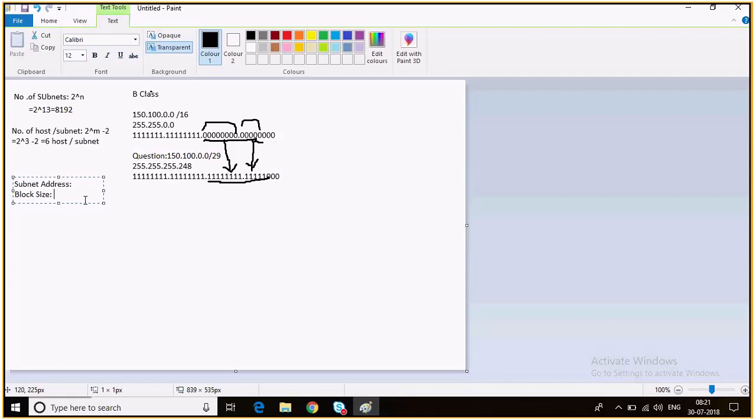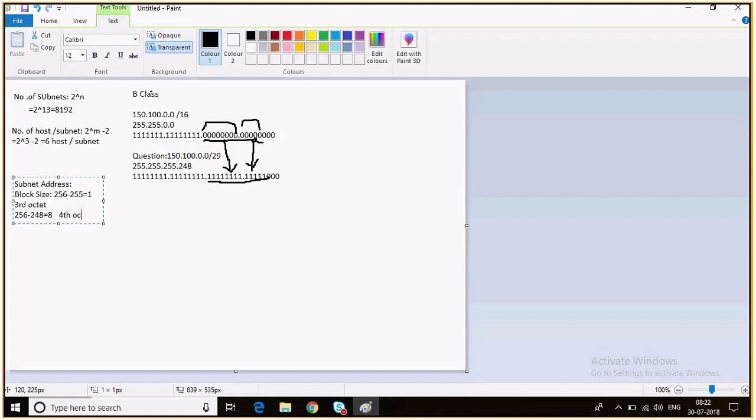I'll write 256 minus 255, which is the block size for the third octet, equal to 1. And for the fourth octet, the block size is 256 minus 248, which is 8.